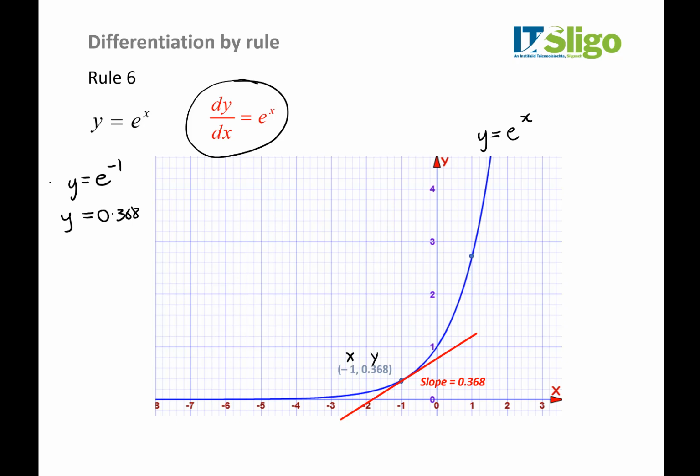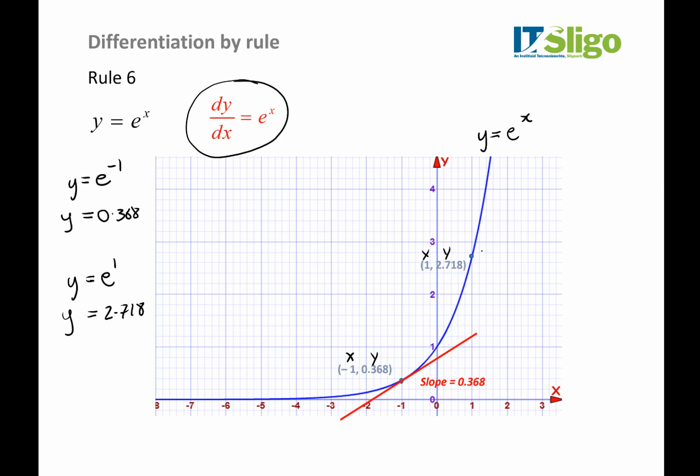Now if we take a look, we let x equal to 1. So again, black is just telling us where we are. y is equal to e to the power of 1. And when you get your calculator, that's 2.718. So here we have the point. There's x, there's y.